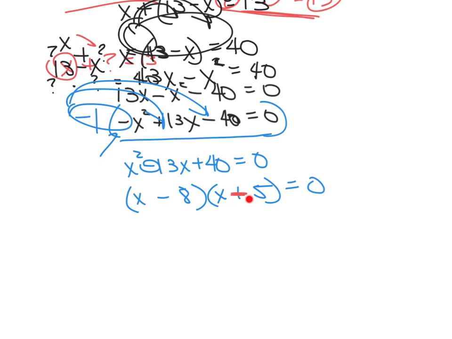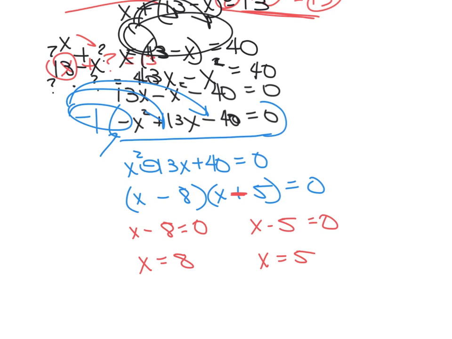Two negatives added together give me a bigger negative. So -8 plus -5 is -13. So now it's correct. And then I break it up and say x minus 8 equals 0 and x minus 5 equals 0. So x is going to be 8 and x is going to be 5.